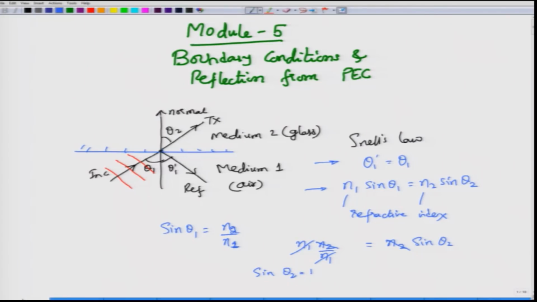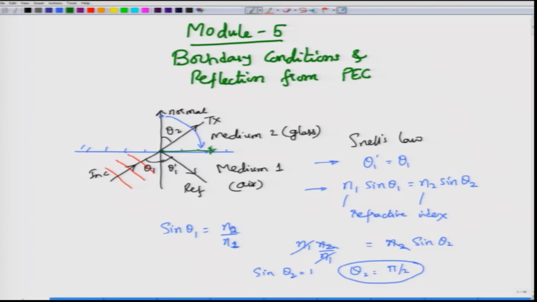Because theta 2 can be at most from 0 to pi by 2, correct, because 0 corresponds to propagation along the normal and pi by 2 corresponds to propagation at 90 degrees to the normal. So, what this equation is telling me is that theta 2 can be equal to pi by 2, which means that the ray, instead of being transmitted into the second medium, actually starts to travel parallel to the interface.